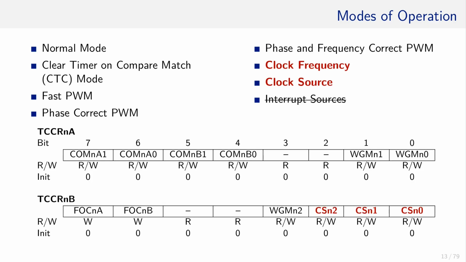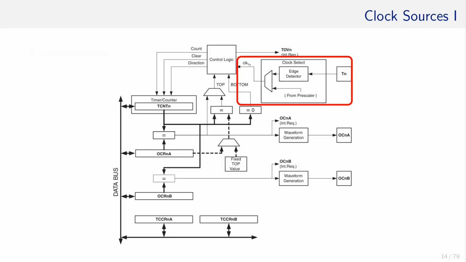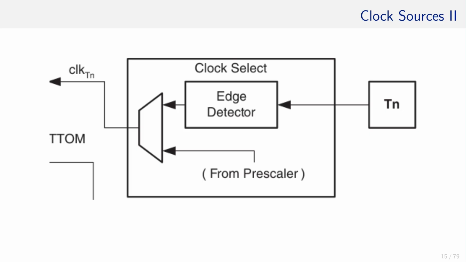We have a look at the clock sources for the timer. These 3 bits in the TCRnB register, marked in red here, configure the clock, which essentially affects this region in the block diagram. Let's zoom in a little bit to see what we have here. On the right, there is a pin called TN.